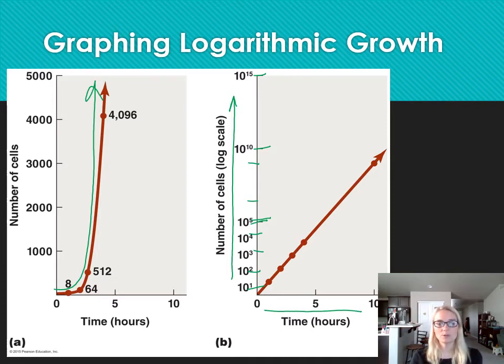And what that allows you to do is you can now actually see more of a slope. If you have something that's going this way, or what if your slope went like this? It's still growing really quickly, and if we were to graph it on a regular arithmetic scale, it would still do this J curve.